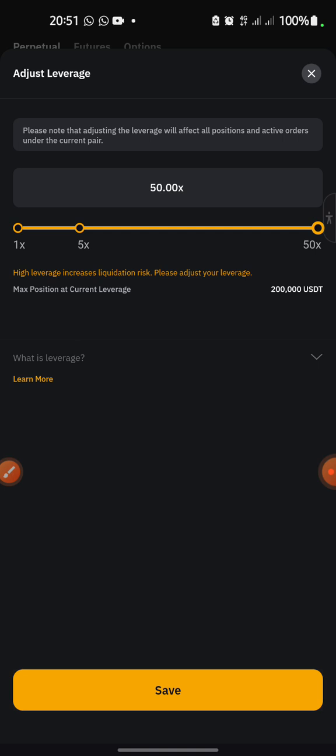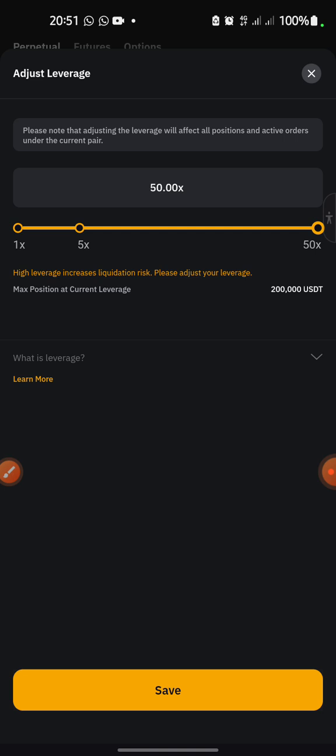So if you have a small capital, you can use high leverage. But if you have a decent amount of capital, I would suggest you use low leverage, just so you won't blow your account on time.